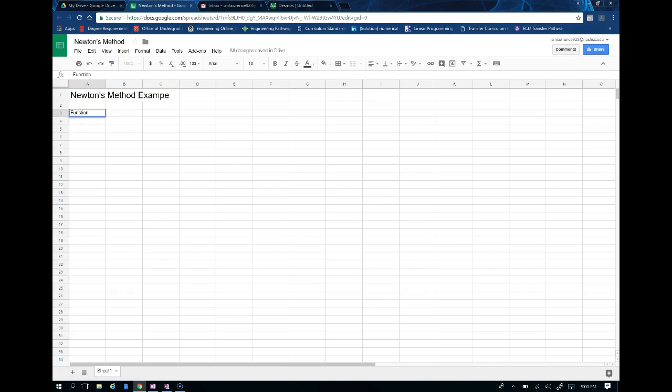So for the function, unfortunately, it's really not worth all the trouble to do the pretty math type. So just use the crude buttons on your keyboard to do exponents and things like that. F of x is going to be, for the example, x cubed plus x squared plus 1.